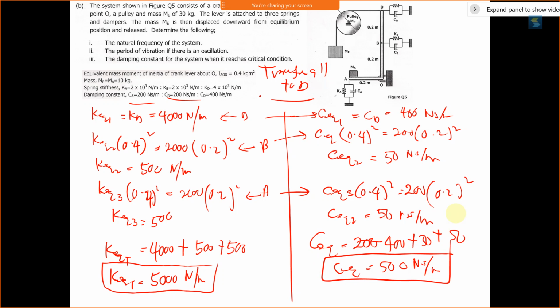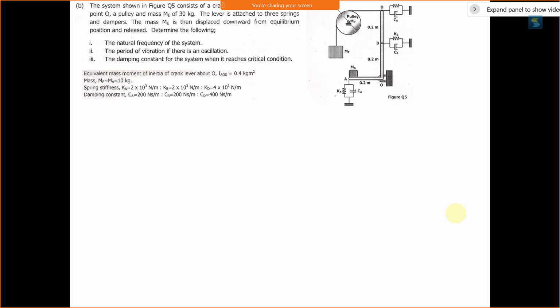Okay, next is M total. So for M, what are we given? IOD, which is 0.4. Or we can take the mass of the pulley first.